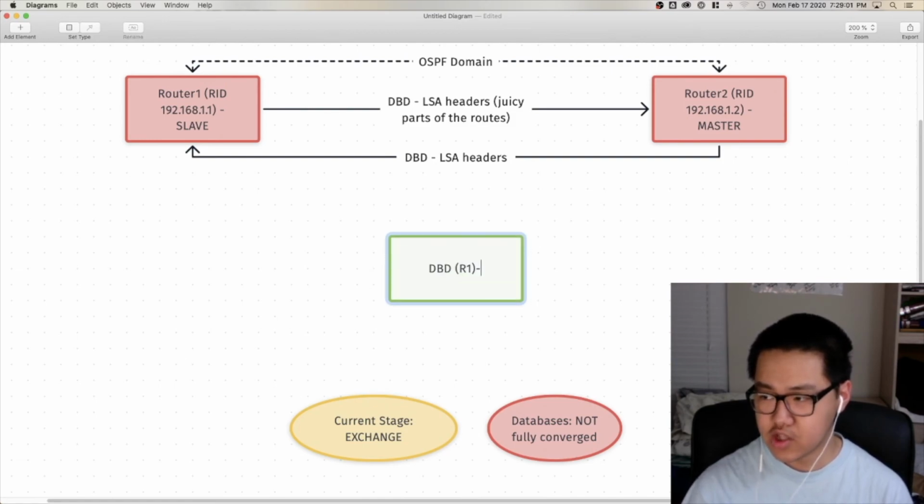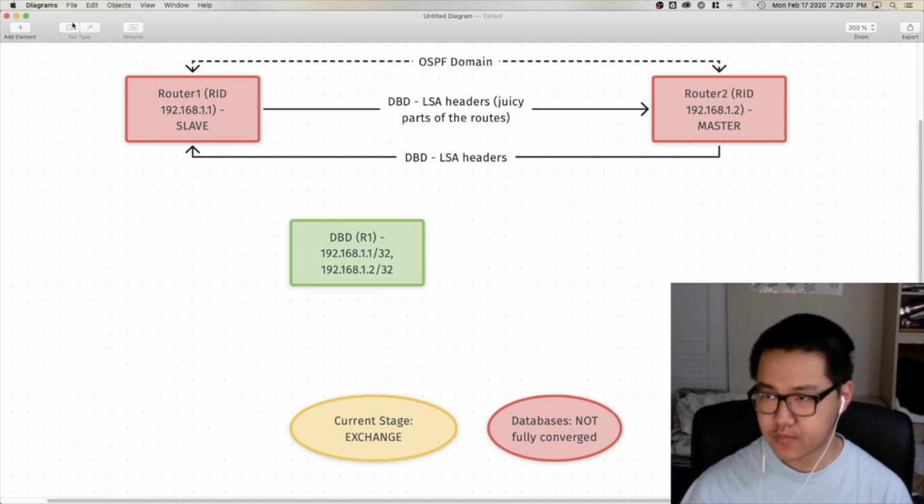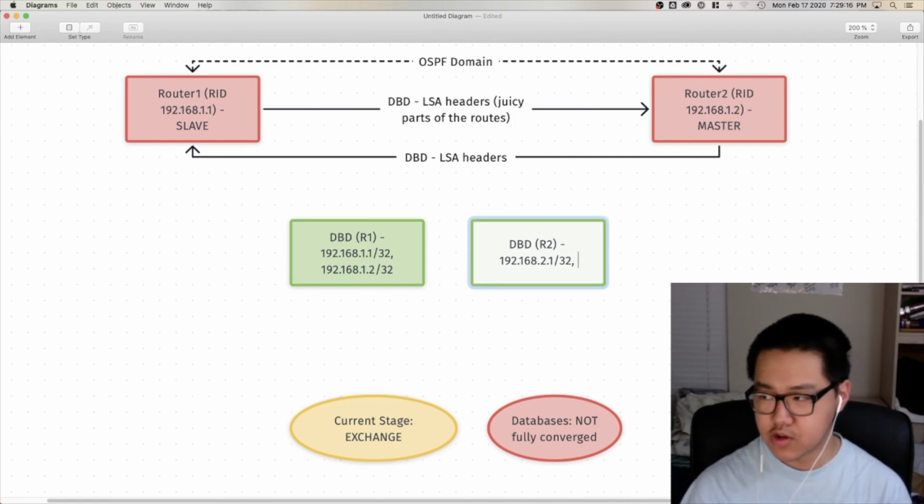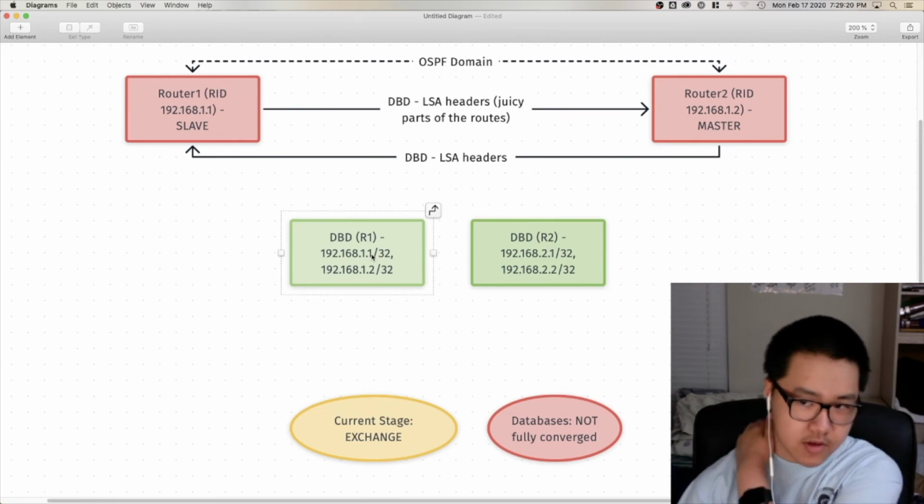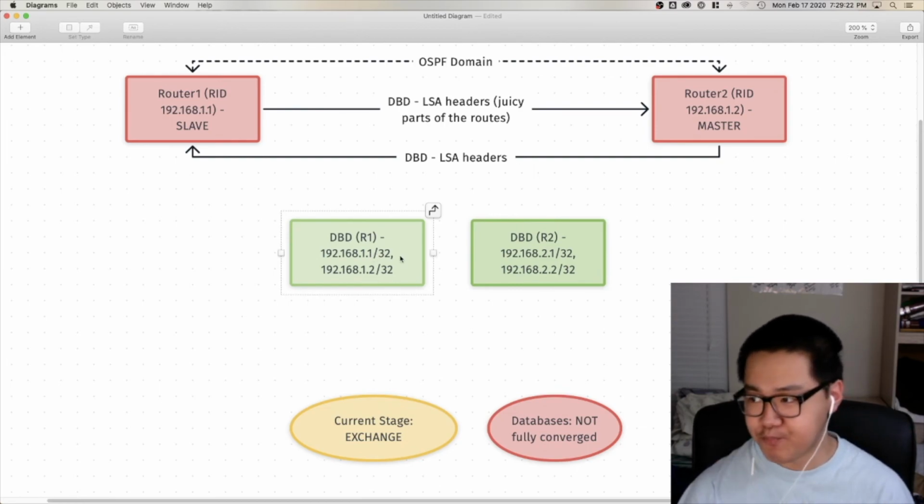DBD R1: 192.168.1.1/32. DBD R2: 192.168.2.1/32 to 2.2/32. Alright, so you can see they have nothing in common.